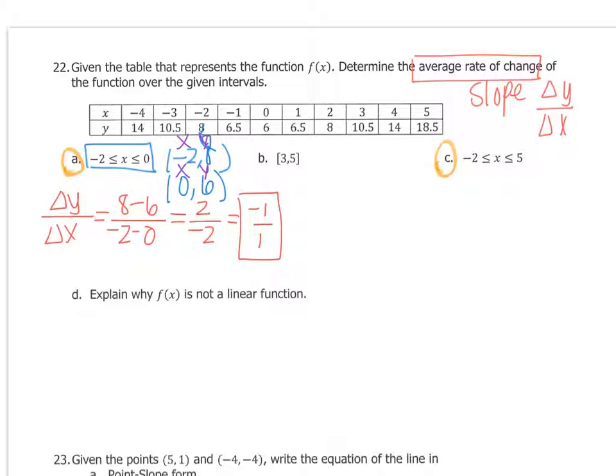Check your answer with mine once you have it, and then move on to part C. Very similar, except this time we just have a negative 2 and a positive 5.